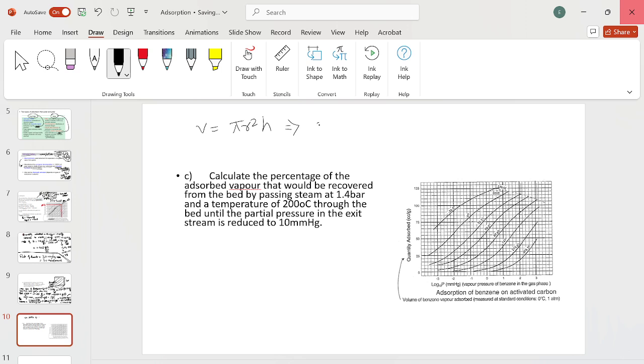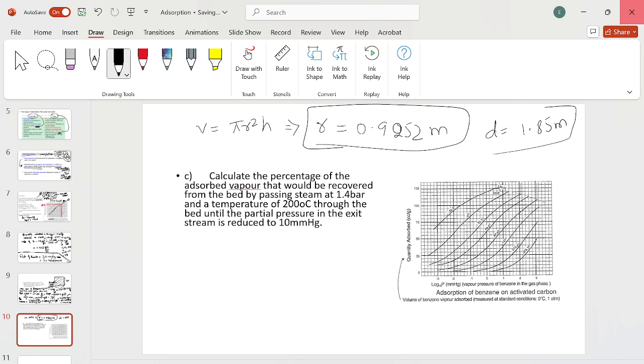Then we have the values of V and H. We will just calculate the value of R, that is 0.9252 meter. So this is the radius and this is the diameter for carbon. This much amount needs to be filled in the carbon.